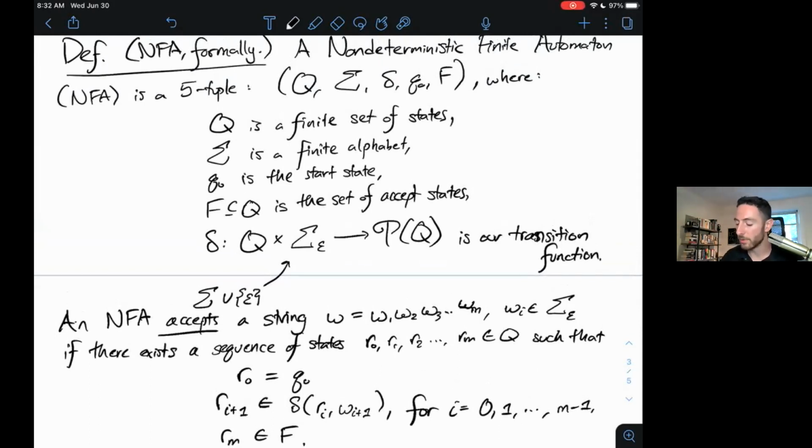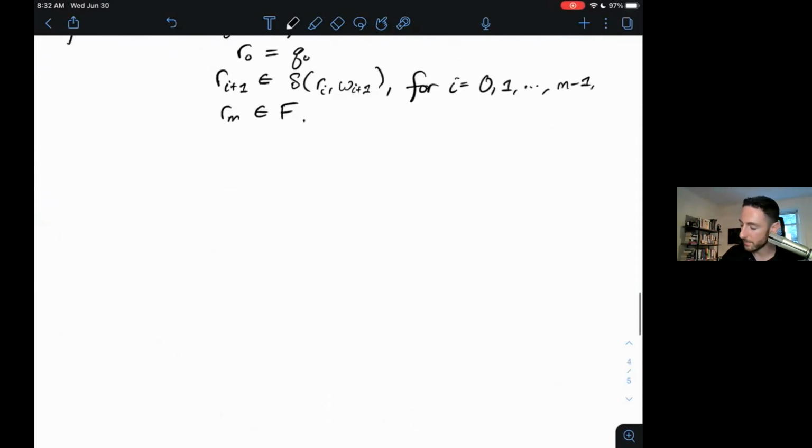The last thing I want to do before we end this part is write down an NFA state diagram and show you how to extract the formal definition from it, just to make this concrete. So again, if you're rock solid on this, you can skip to the next video.